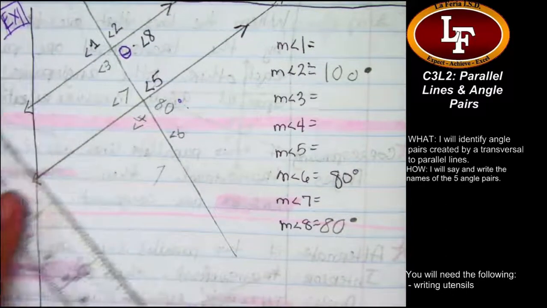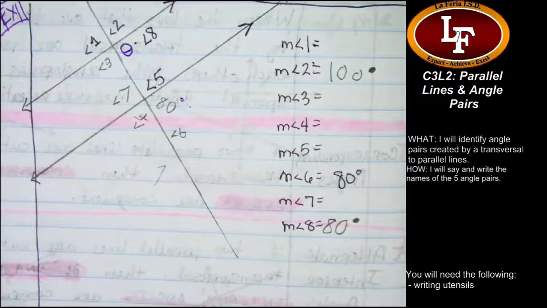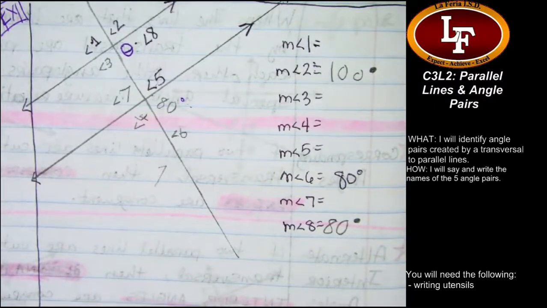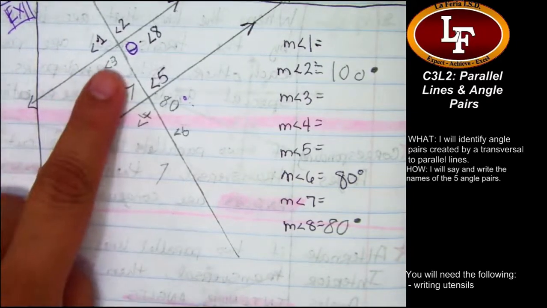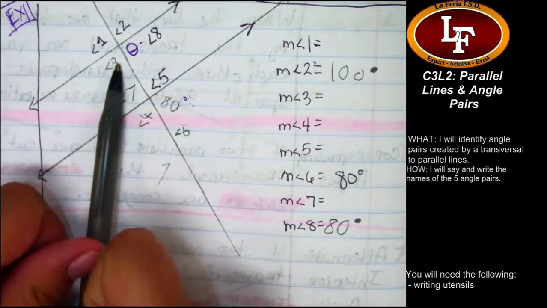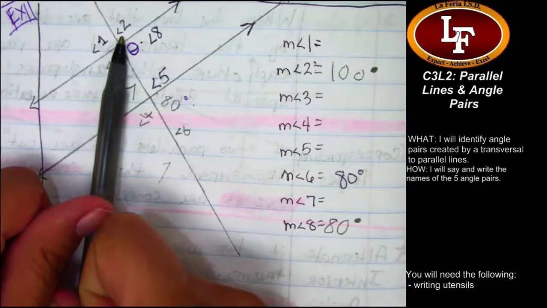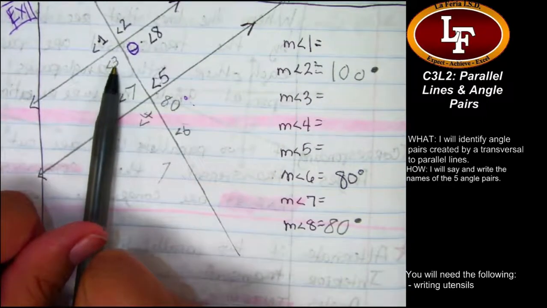Linear pairs are supplementary also, so they'll also add up to 180. You can also find vertical angles. These are angles that are directly across each other and touching at the vertex, like 2 and 3.